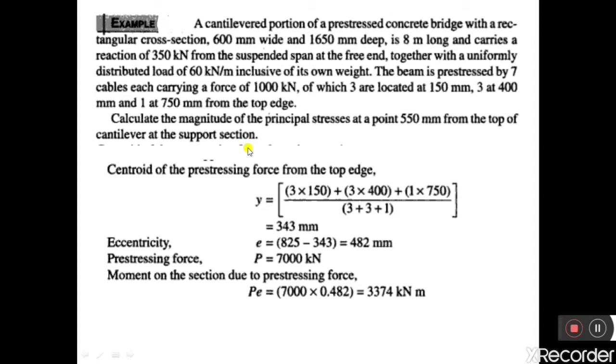So the bridge is a cantilevered portion. The span of the cantilevered portion bridge is 8 meter long. The cross section is a rectangle section, and the cross section is 600 mm by 1650 mm. And here the member is subjected to a UDL of 60 kN per meter, and this 60 kN per meter includes live load and dead load.